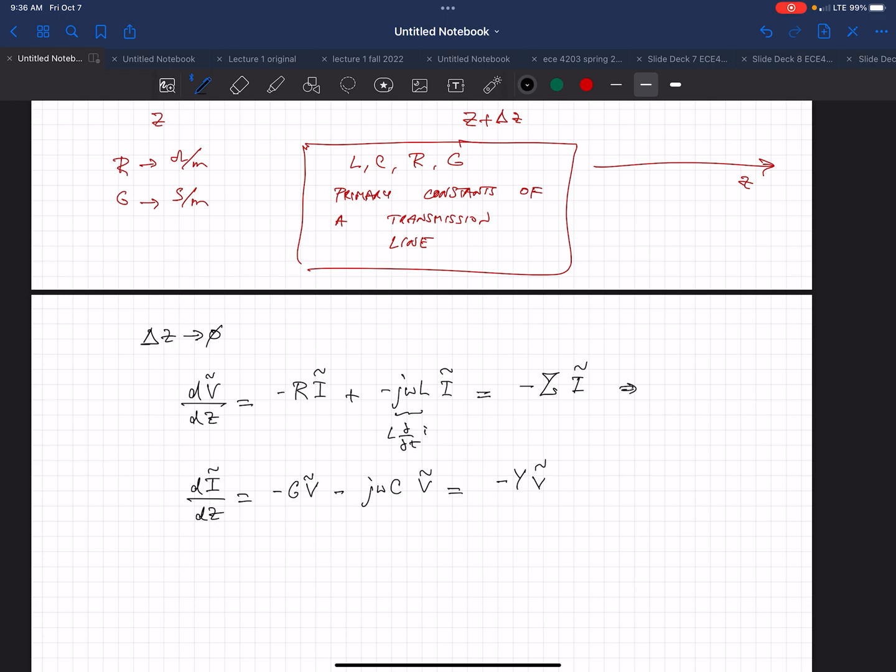So I'm defining Z as R plus j omega L, and Y is getting defined as G plus j omega C.